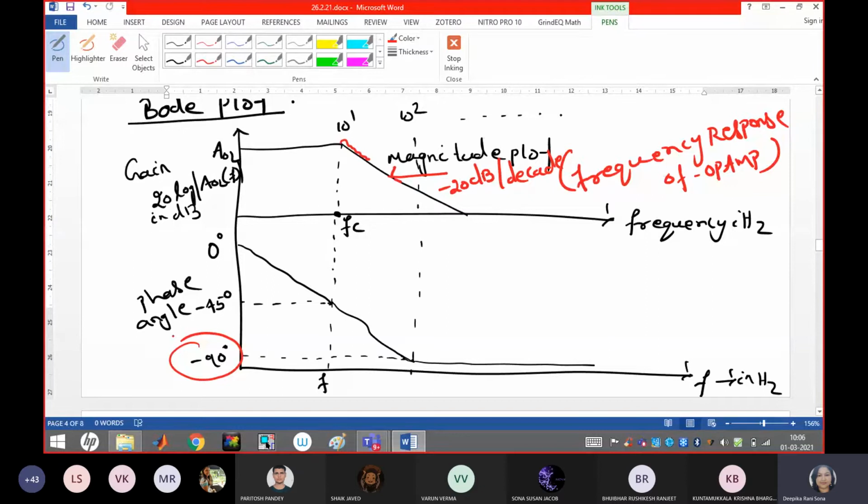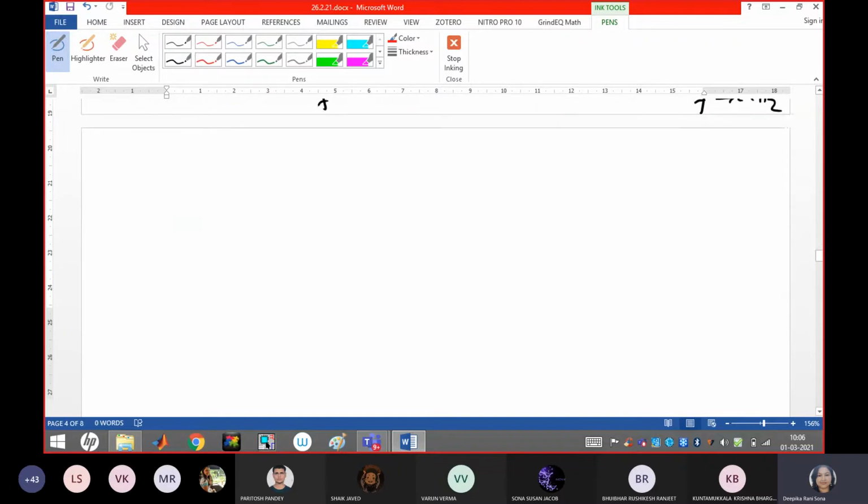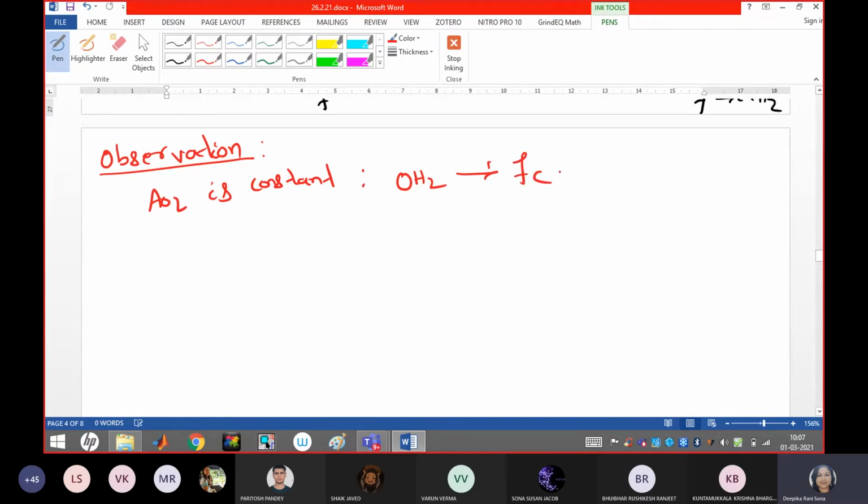So what do we observe from the graph? Guys, do you understand the concept or not? Okay, fine. Observation: here the open loop gain is AOL, and it is almost constant from 0 Hz to the cutoff frequency Fc.